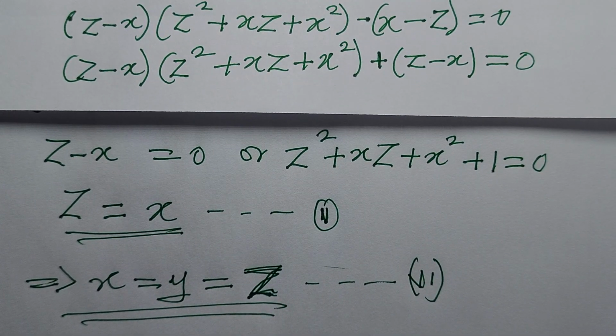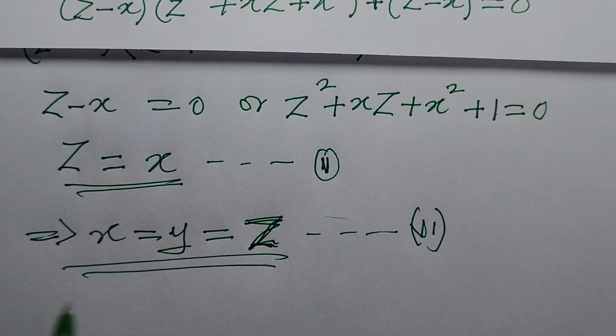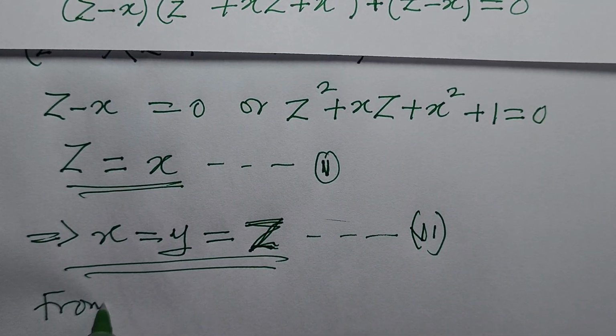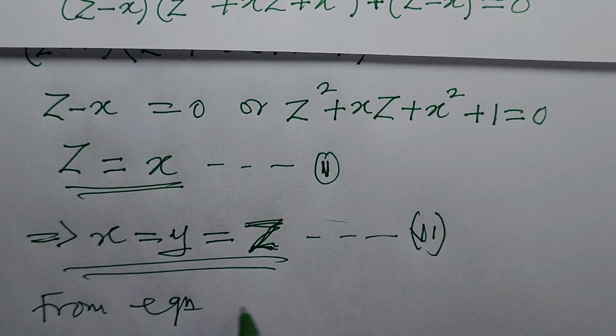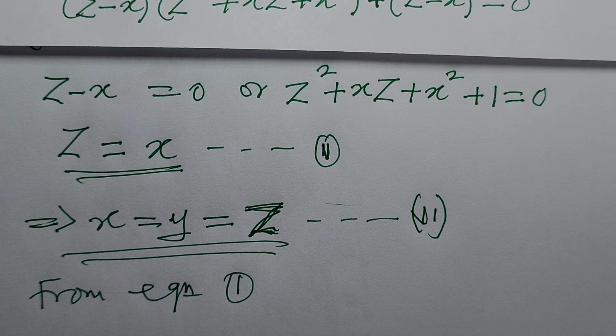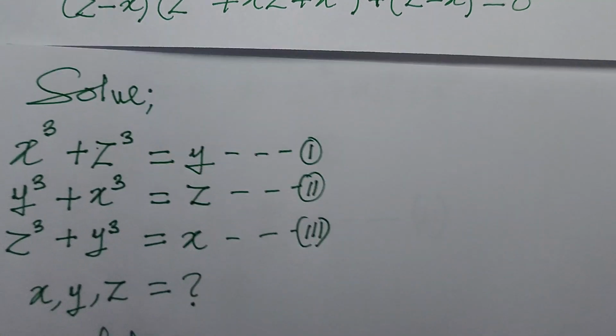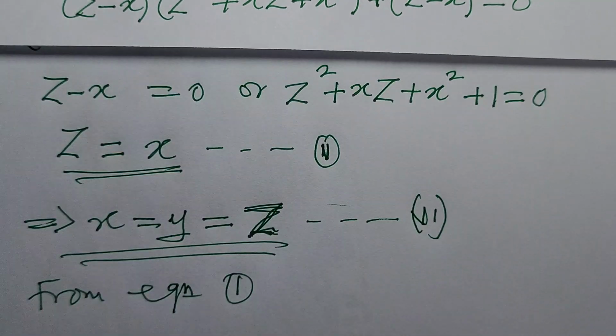Now, from this equation, let's go back to our equation 1. So from equation 1, let's record it. Look at our equation 1 here. This is our equation 1, right? So let's write this equation 1 out first.